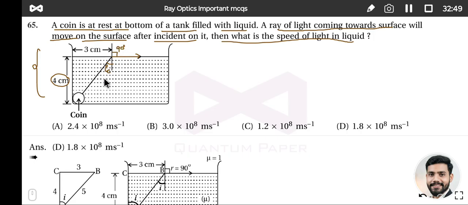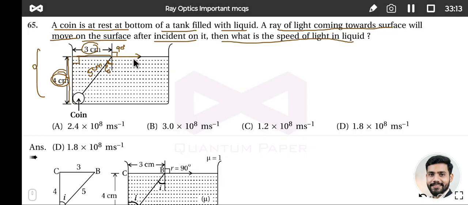So if you look at this diagram properly, this depth is given 4 centimeter and this is given 3 centimeter. So this is nothing but a right angle triangle, and if you look at the triplets, this is 3, this is 4, so in that case this length is nothing but 5 centimeter by using triplet values. Okay, and this angle is nothing but critical angle, because here the refraction is 90 degree.